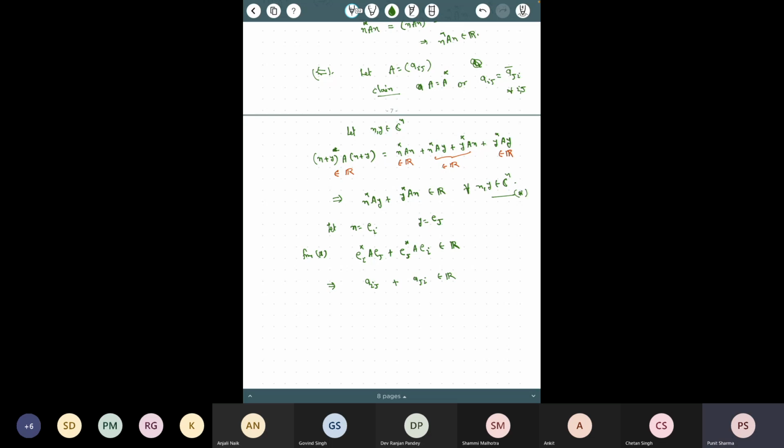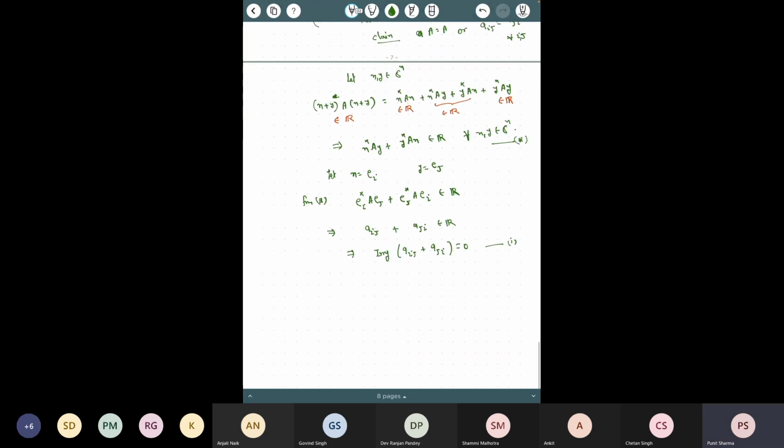I have taken any i and j, so whatever I say for i and j will be true for all indices i and j. So if Aij plus Aji is in R, then what does it mean? It means that the imaginary part of Aij plus Aji is 0. So let us give it 1.